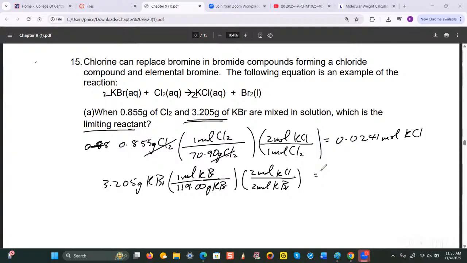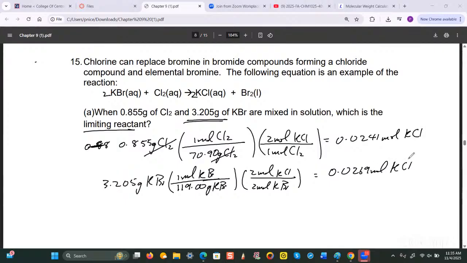So 3.205 divided by 119. Oh shoot, I did something wrong. 3.205 divided by 119, and then multiplied by 1 basically. And I got 0.0269 moles of KCl, right?